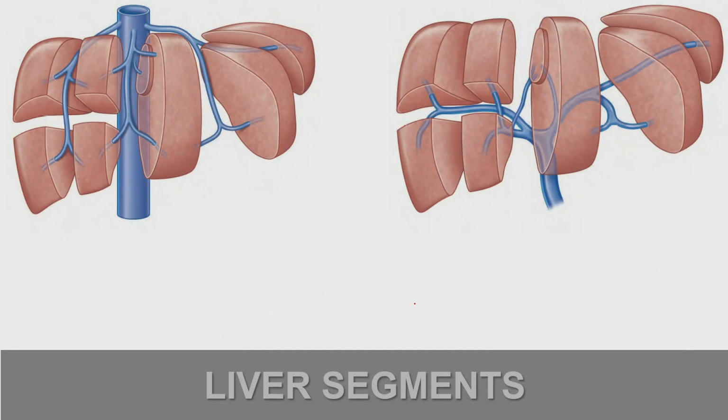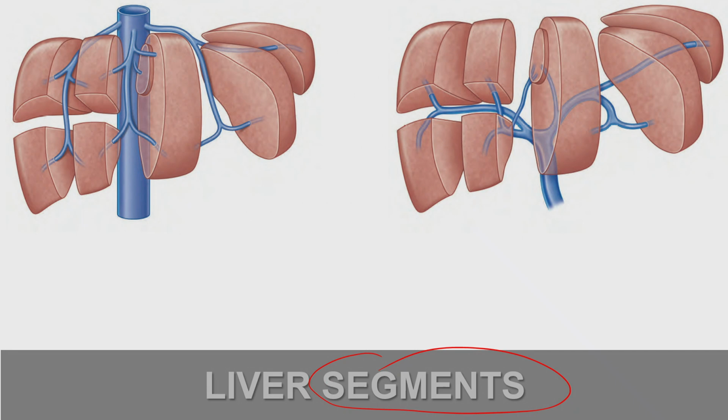But this division of the liver parenchyma is too rough. It is an improper relation of the volume of those lobes. The largest one is the right lobe, the smallest the caudate. But we have some functional anatomy, which means that we have functional units called liver segments. Sometimes they are called subsegments.